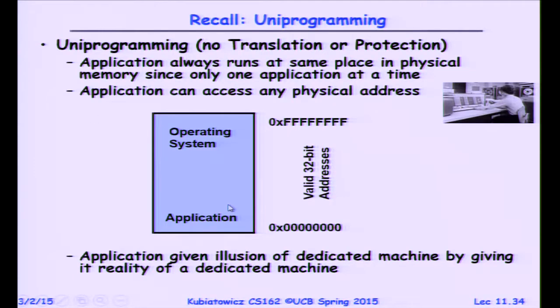One application only, one thread, one everything. But what's nice is the application can always know that it's going to have the address 0 under its control, and so we can link everything once and load it into that memory, and it'll just work as long as I load it at the place it was supposed to be loaded at.